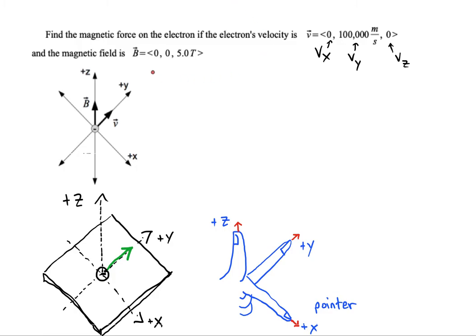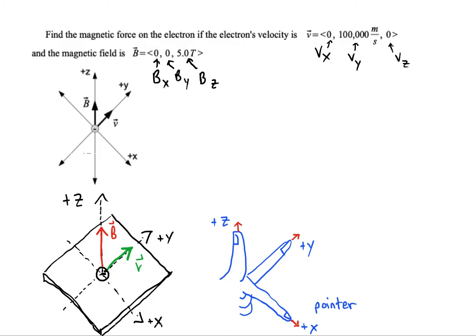They also say that the magnetic field, though, is all in the Z direction, the positive Z direction. So this is Bx, By, and Bz. So that would be a magnetic field that's pointed upward. All right, now I'll label each of these. All right, there we go.